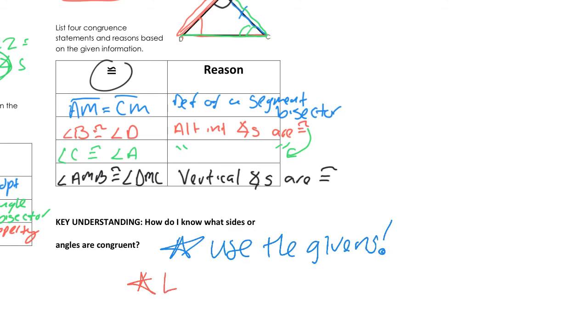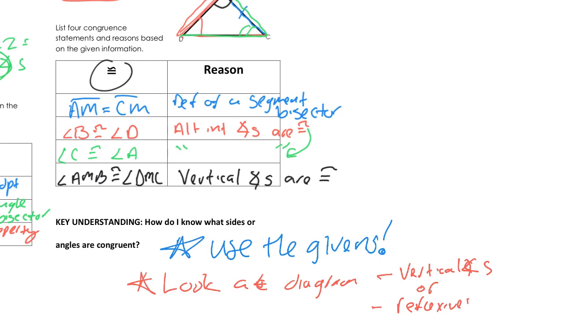Then you look at the diagram, and it's usually vertical angles or the reflexive property. And those, they don't really give you reflexive property. They just put it in the diagram, and you have to know those two.